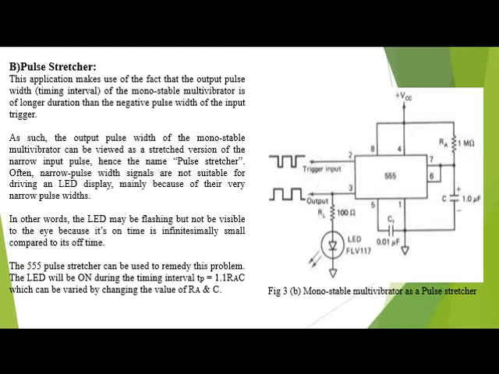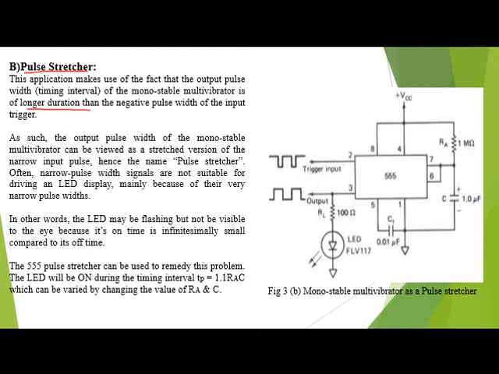This is another application of the monostable multivibrator, that is the pulse stretcher. This application makes use of the fact that the output pulse width or timing interval of the monostable multivibrator is of longer duration than the negative pulse width of the input trigger. As such, the output pulse of the monostable can be viewed as a stretched version of the narrow input pulse.